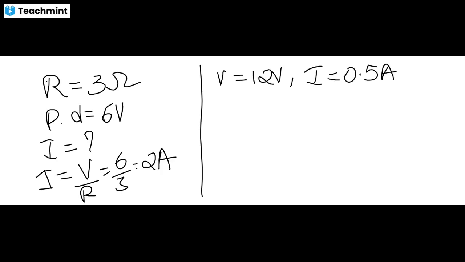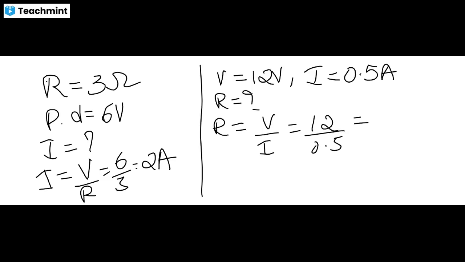Calculate the resistance of the bulb. How do you do this? Formula R is equal to V by I. 12 by 0.5. So what answer do you get? It is 24 ohms.